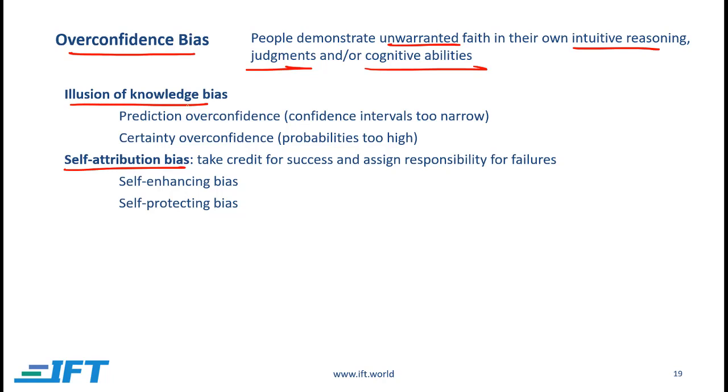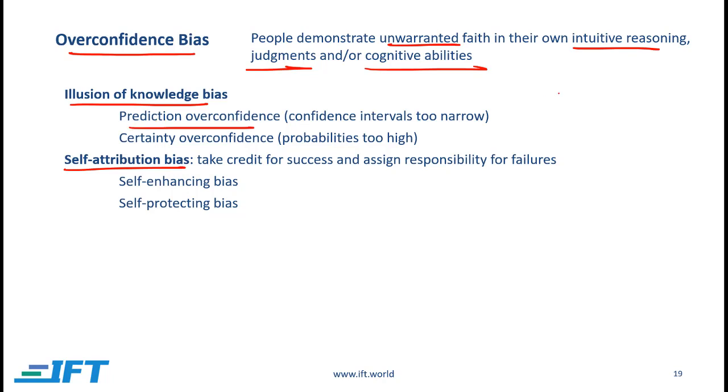Let's talk about the illusion of knowledge bias. So the illusion of knowledge bias at a high level means that people have an illusion that they have more knowledge than they actually do. And this can lead to prediction overconfidence.